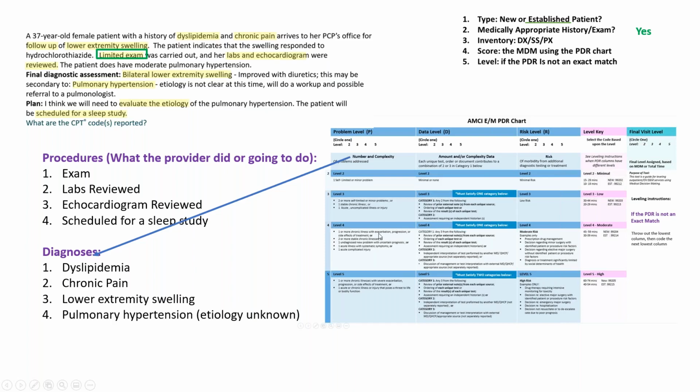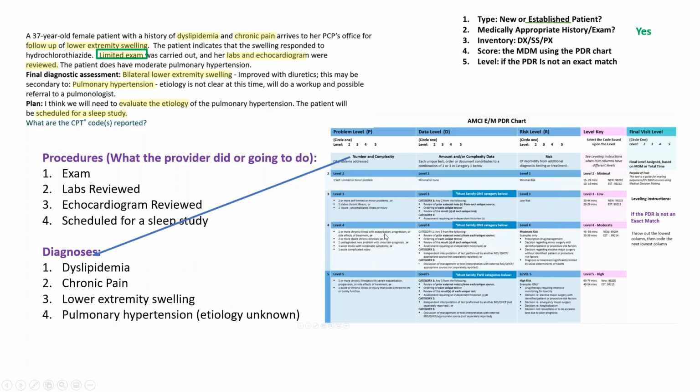So one or more chronic illness with exacerbation, no exacerbation, progression could be, we don't know. The doctor said, hey, the pulmonary hypertension, the lower extremity swelling. Well, the doctor didn't say that, but that is something you'll learn. Lower extremity swelling could be related, but it's not definitive, so we're not going to do that.